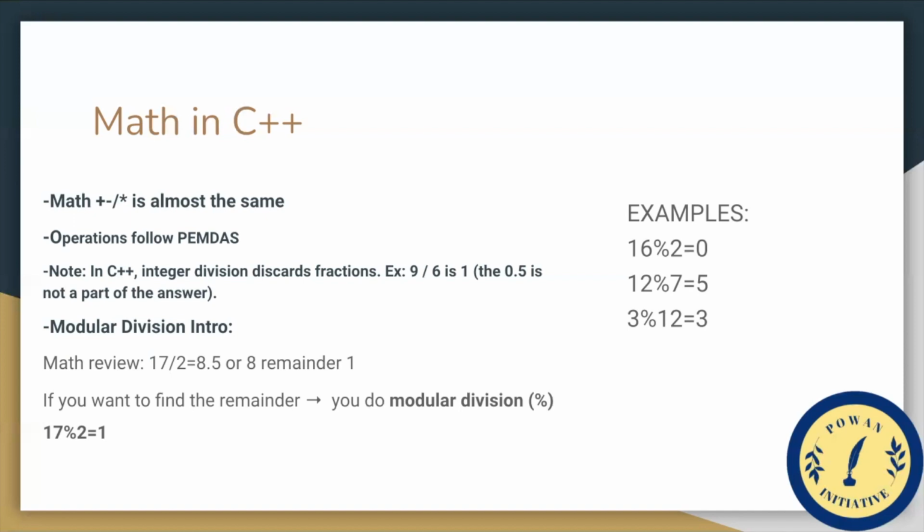Well, when you're doing modular division, if your first number is less than your second number, that first number is your answer in modular division. And let's just say you have 12 mod 12. That would also be 0 because there is no remainder. So these are all a couple things to know as we get more into math, because throughout this bootcamp, we'll be using a lot of math in C++.